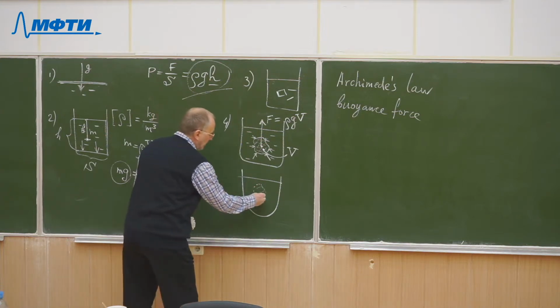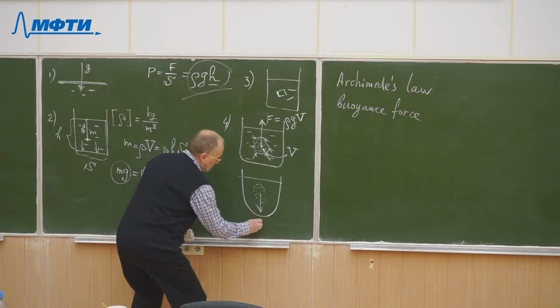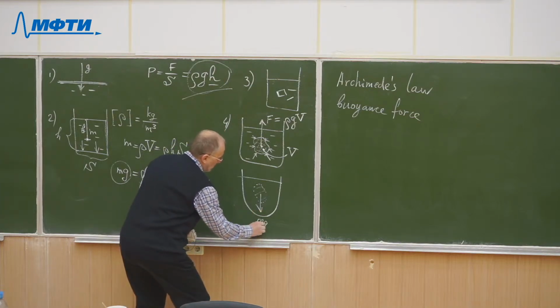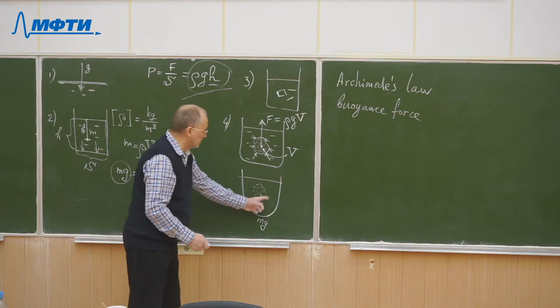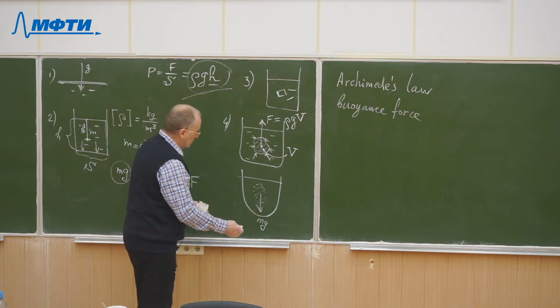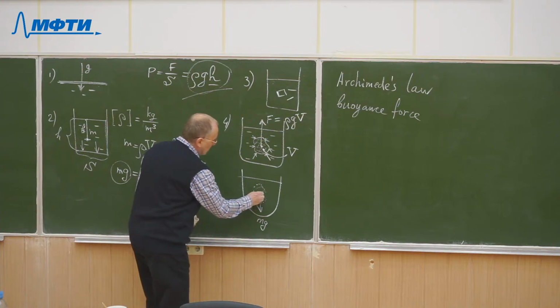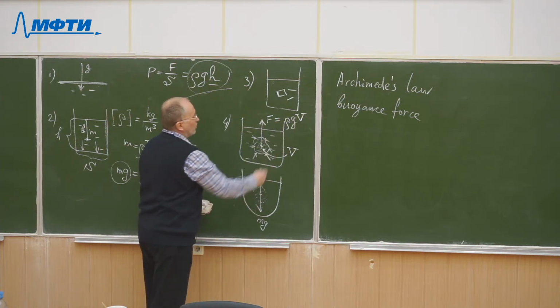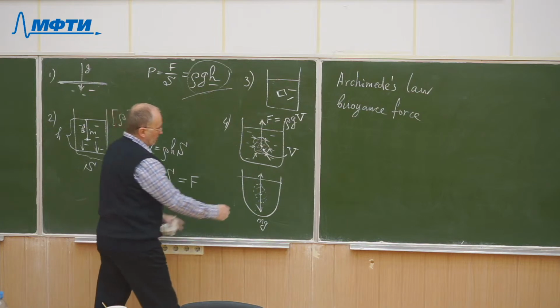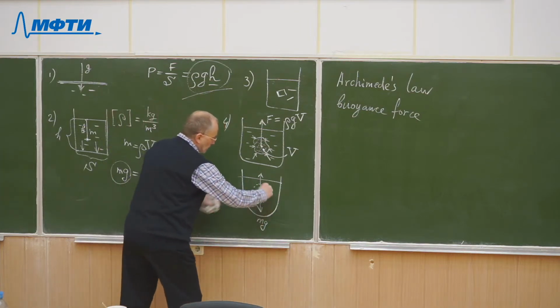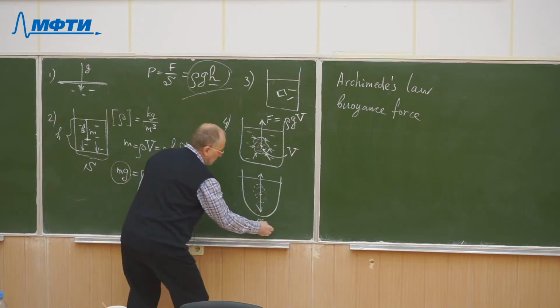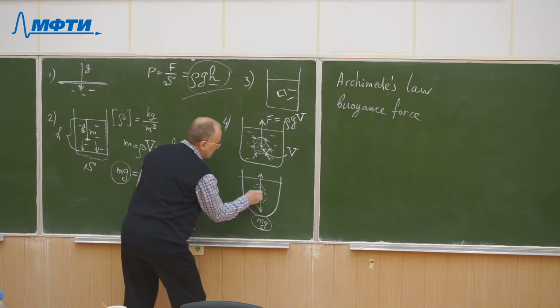It means that the weight of this volume of liquid is balanced by another force, which is the force of buoyancy, which is the force of pressure from all surrounding liquid. So all the forces of pressure must be equal to the weight of the liquid contained in this volume.